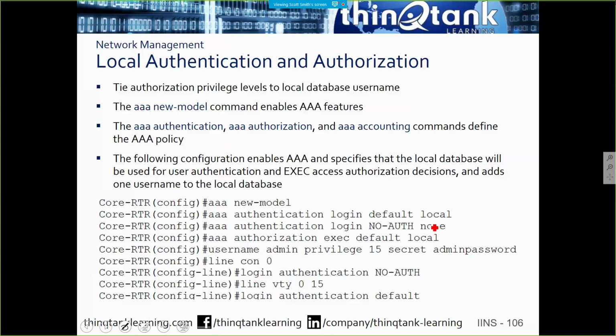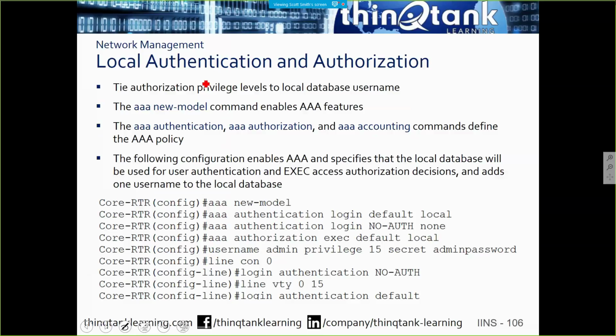All right. In order to enable any kind of AAA, whether it's localized or centralized, the first thing you have to do is enable the AAA features on the platform. And we do this by executing the aaa new-model command in global configuration mode. Be very careful with this command though, because when you implement this command, all of the legacy authentication methods go away. Like a password applied to a VTY line is no longer available.